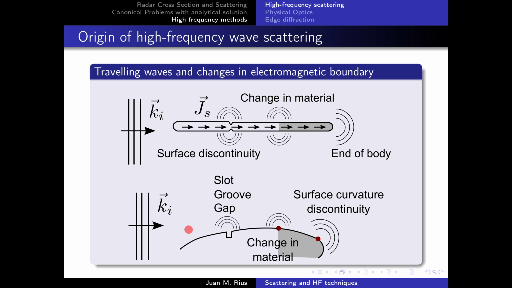We also have, if we have gaps in the surface, slots, grooves, all these are a kind of surface discontinuity that also produce scattering. Change in material, we have already mentioned that. We can also have scattering if we have a discontinuity in the surface curvature, not a discontinuity in the surface, but just in the surface curvature. So in fact, any kind of non-smoothness or discontinuity in the surface will produce scattering.